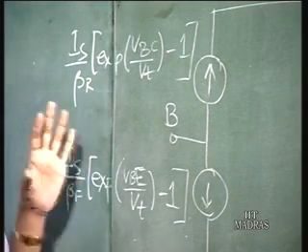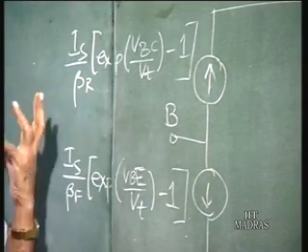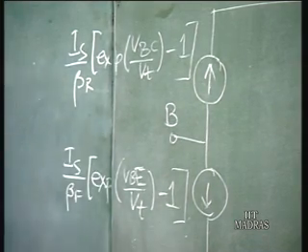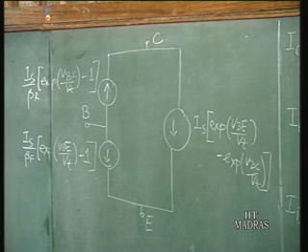So, now you see, this is the final Ebers-Moll model, which is also available in SPICE. You have 3 current sources in terms of which you express the terminal currents.